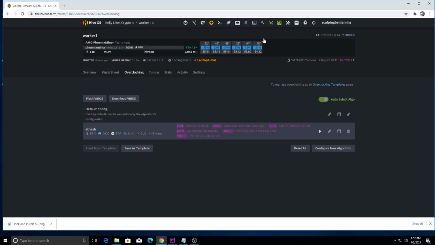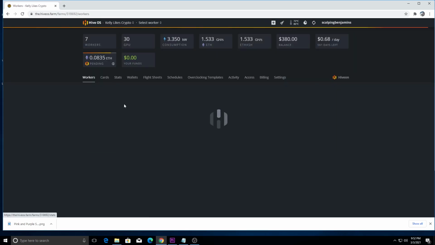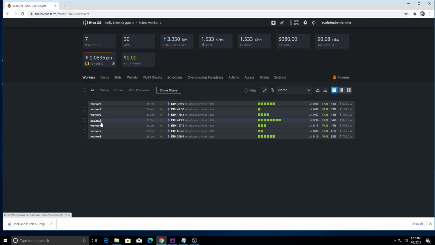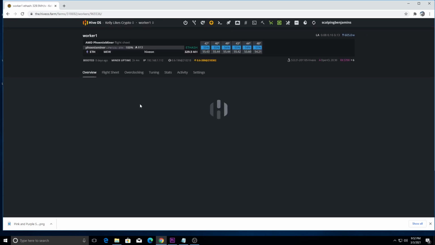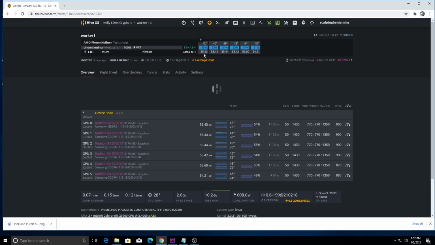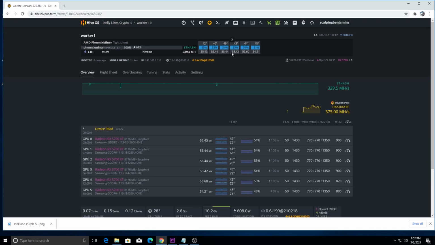And so if you see, let's look back at this one. Worker 1 and worker 4 are both 6 and 8 5700 XTs, and I'm getting 55 generally. These two are the ones I had to downclock.